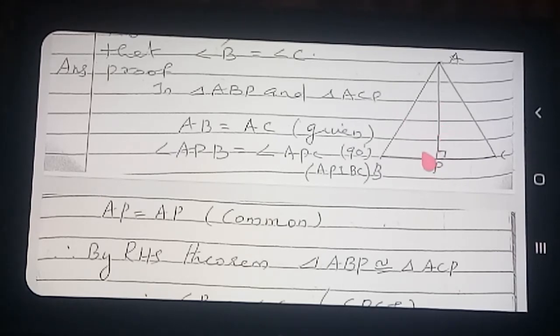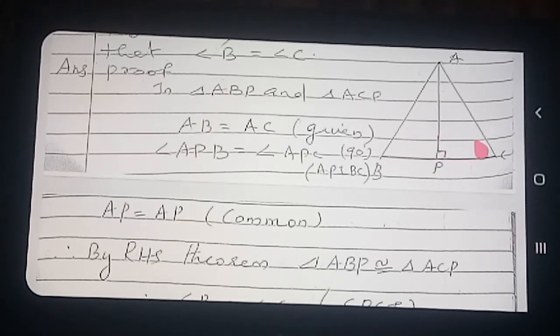Don't think it is SAS, because for SAS, the side and angle must be congruent. Therefore by RHS theorem, triangle ABP and triangle ACP are congruent.